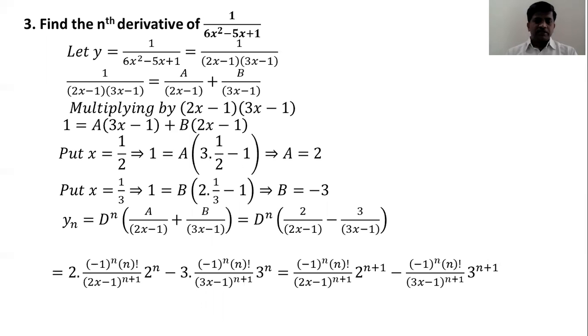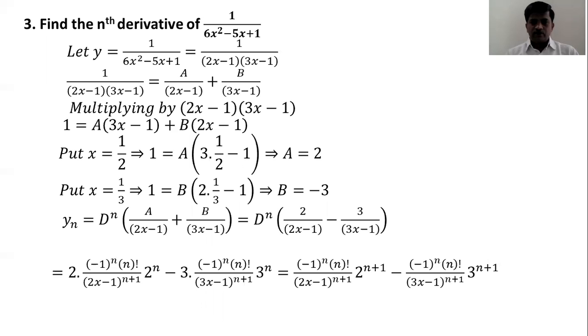Then yₙ is the nth derivative of a by (2x − 1) + b by (3x − 1). Let us substitute the values of a and b: 2 by (2x − 1) − 3 by (3x − 1). The nth derivative of 1 by (2x − 1) is (−1)ⁿ n! divided by (2x − 1)ⁿ⁺¹ into 2ⁿ, then 2 times that.